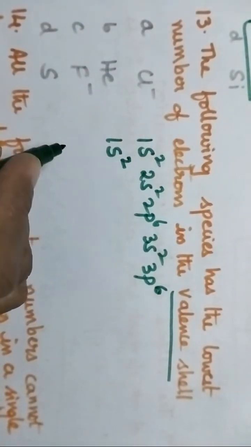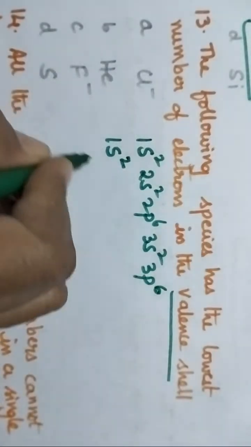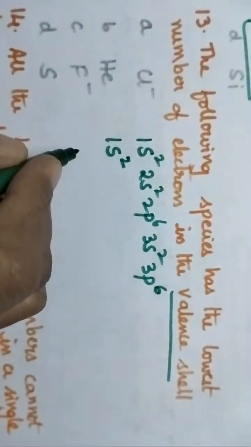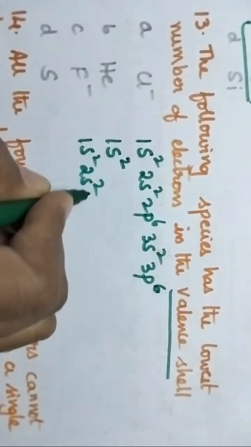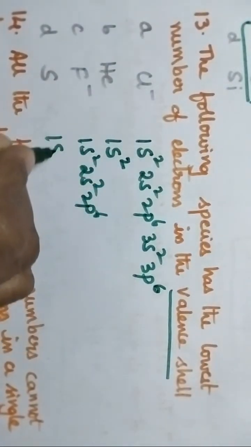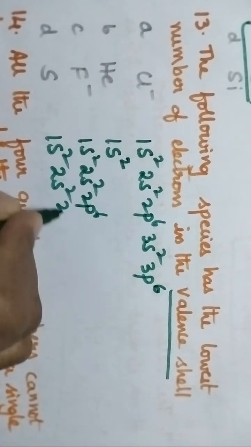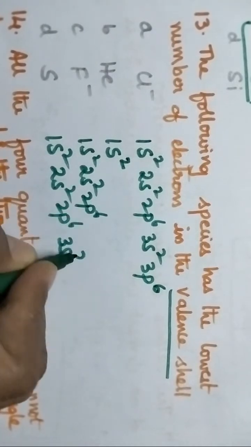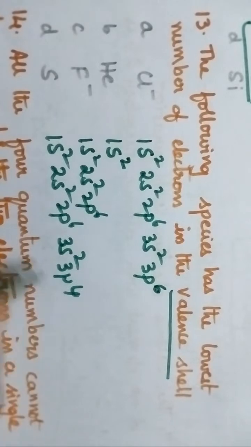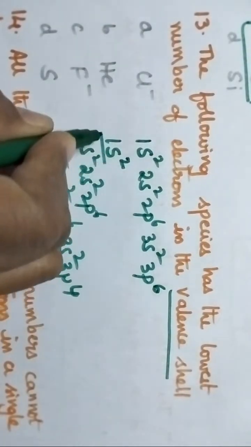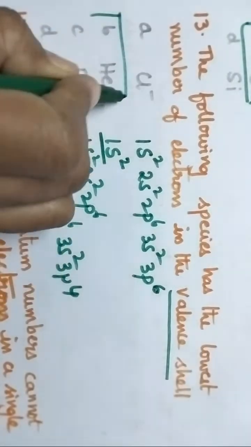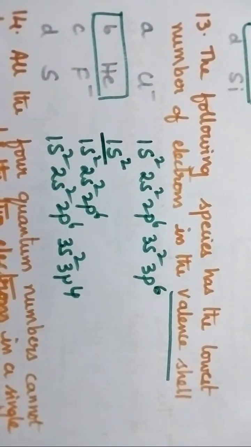Very good, Sai. So let us see the remaining species also. Fluoride 1s2, 2s2, 2p6. Sulfur 1s2, 2s2, 2p6, 3s2, 3p4. Lowest number of electrons in the valence shell. So here helium is the right answer. Option B.